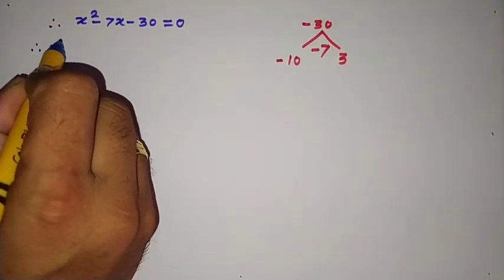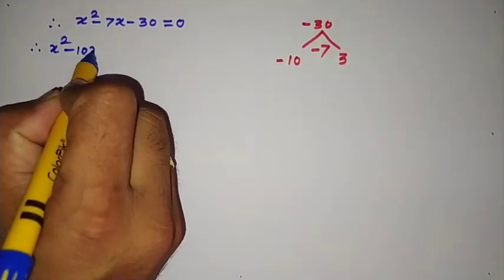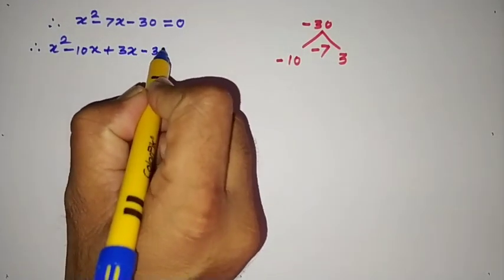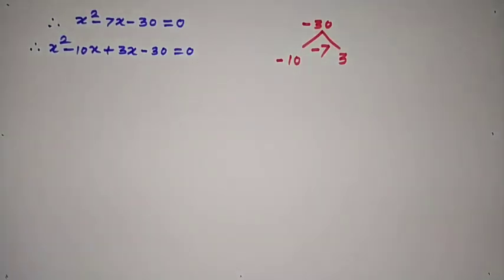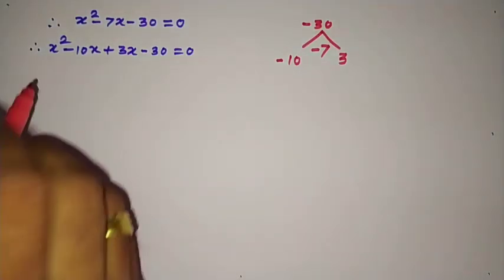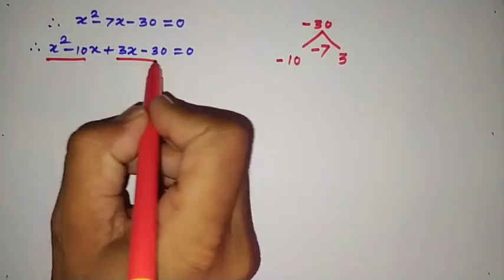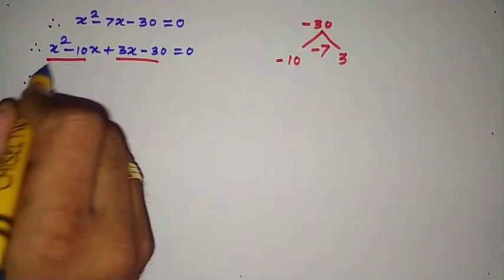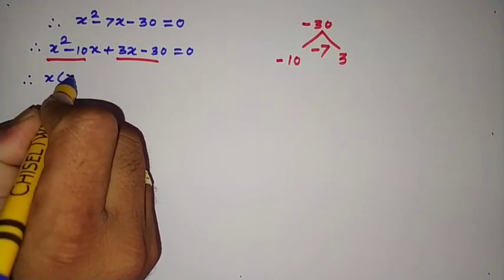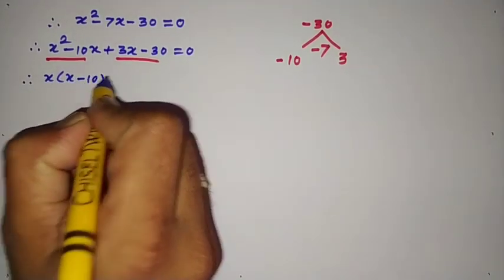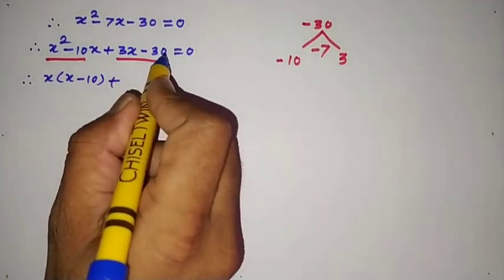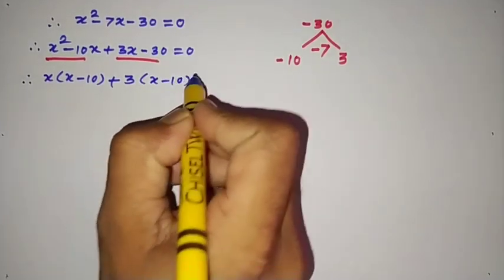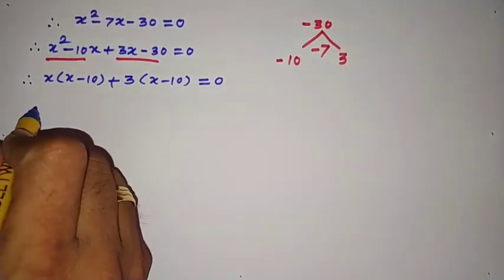Therefore x square minus 10x plus 3x minus 30 is equal to 0. Find the common factor of the two terms. In x square minus 10x, x is common, remaining x minus 10 in bracket, plus 3 and 30, 3 is common, x minus 10 is equal to 0.